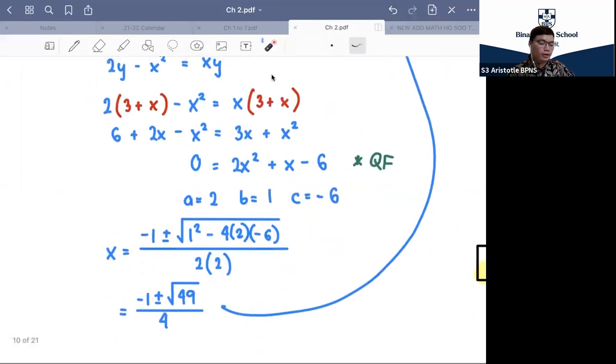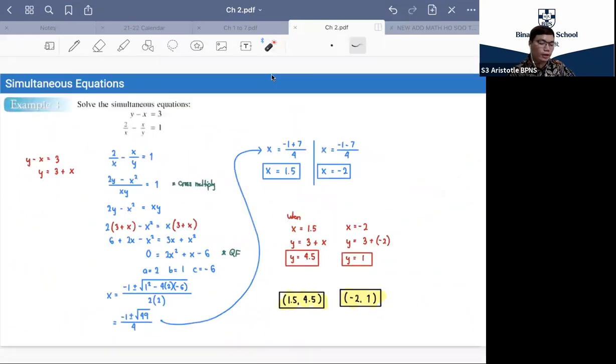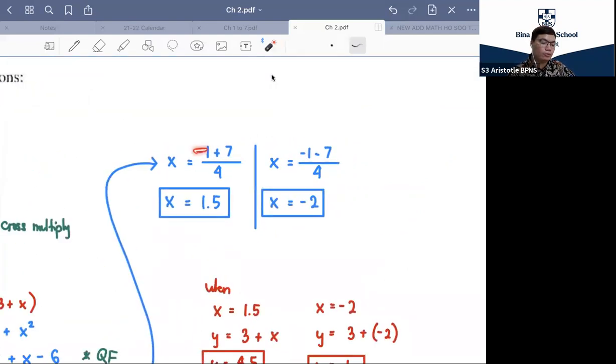And then evaluate this, you'll get square root of 49. Okay, what is the square root of 49? It's a perfect square. The square root of 49 is positive and negative 7. Okay, so going here, we have minus 1 plus 7 over 4 is equal to 1.5, and then the other one is equal to negative 2. So therefore, those are your x values.